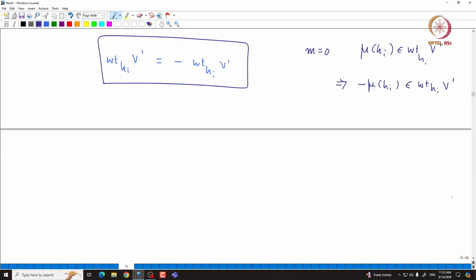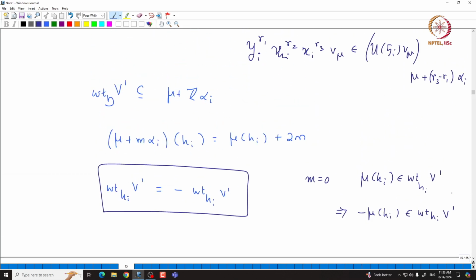But what corresponds to minus mu of HI among this mu of HI plus 2m? It is not hard to see that this is equal to minus mu of HI will imply that m equal to minus mu of HI.